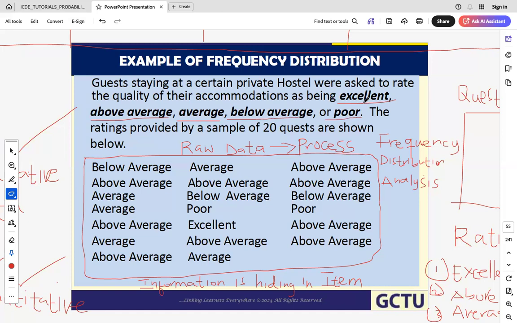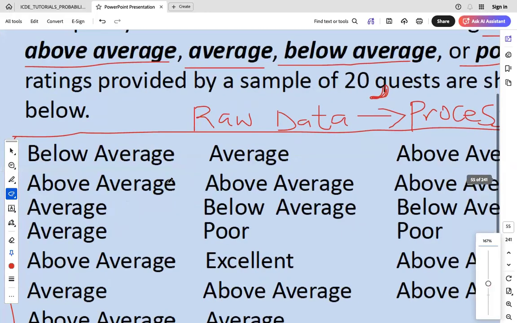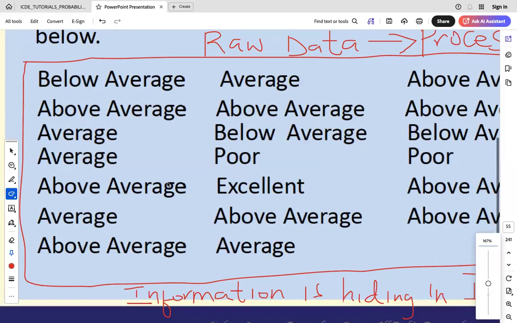After sleeping in the hostel, they have been asked to rate the quality of the accommodation, whether it's excellent, above average, average, below average, or poor. The question continues. The ratings provided by a sample of 20 guests are shown below.